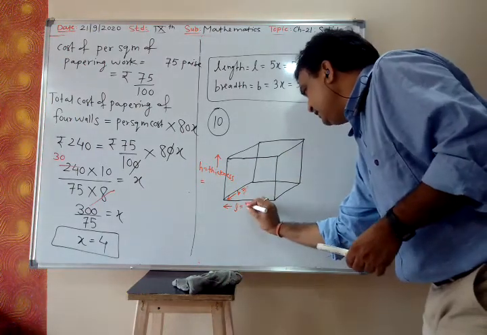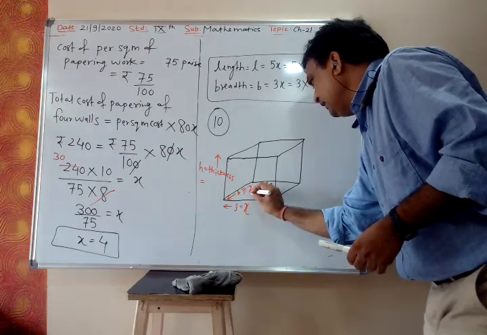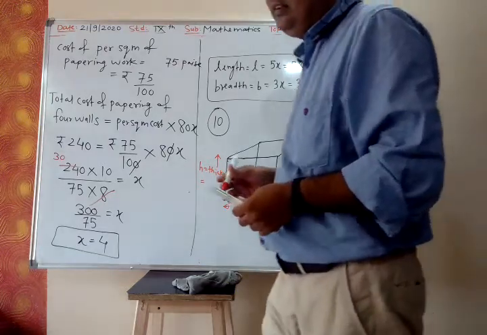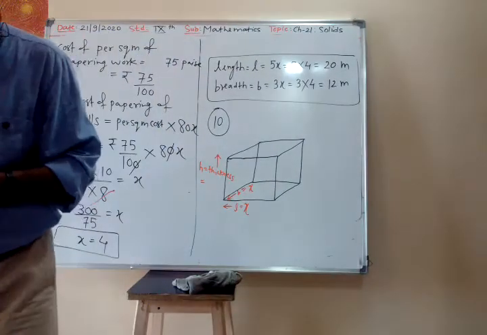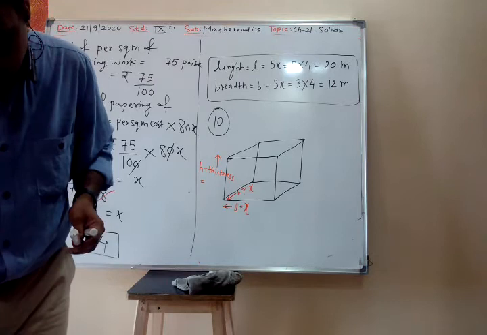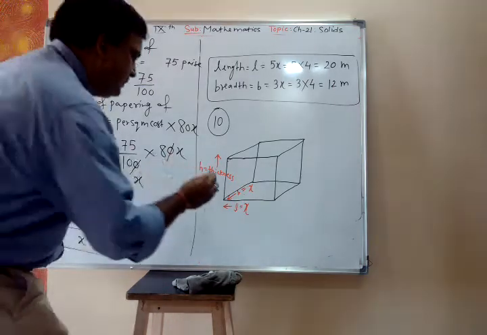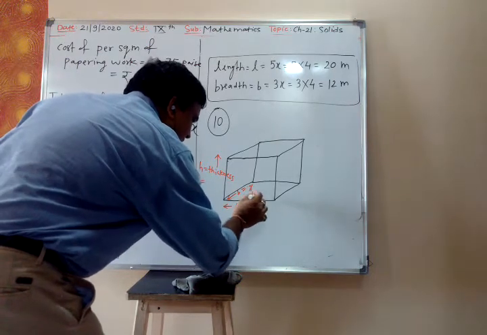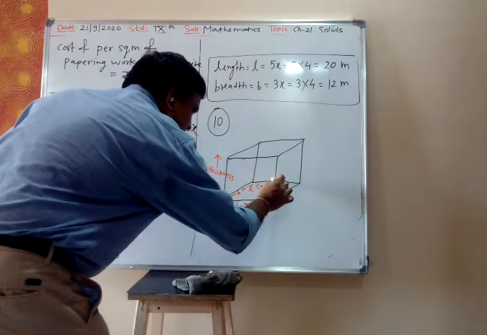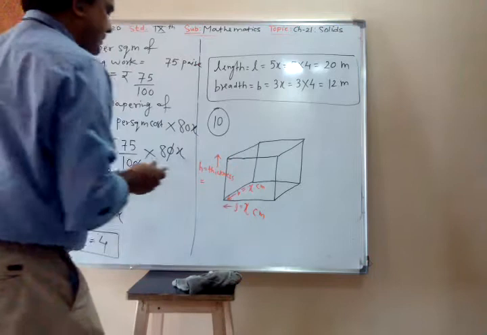So length is x, breadth is x. We take length as x centimeter and breadth as x centimeter. So it is a square plate.